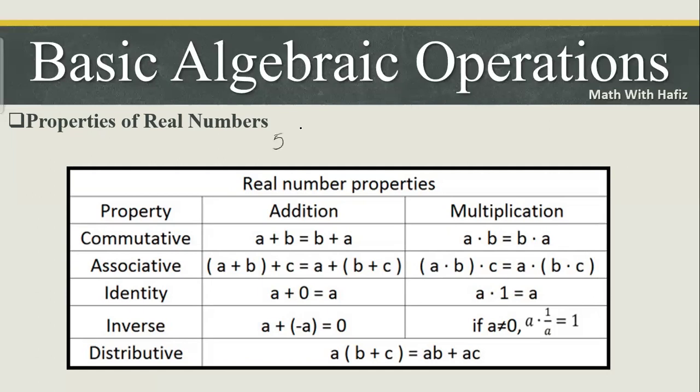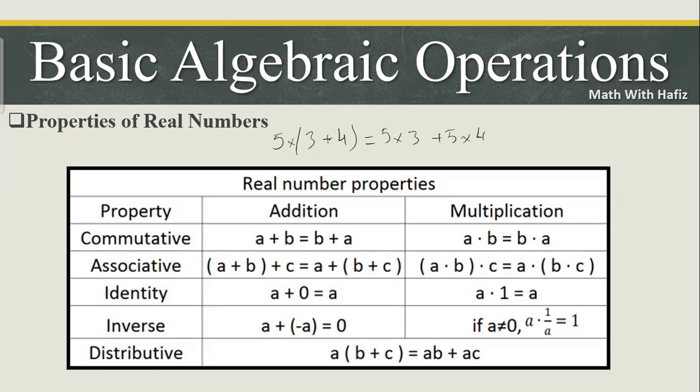I think I wrote 5 because I used just three numbers. 5 multiplied by 3 plus 4 should be equal to 5 multiplied by 3 plus 5 multiplied by 4.